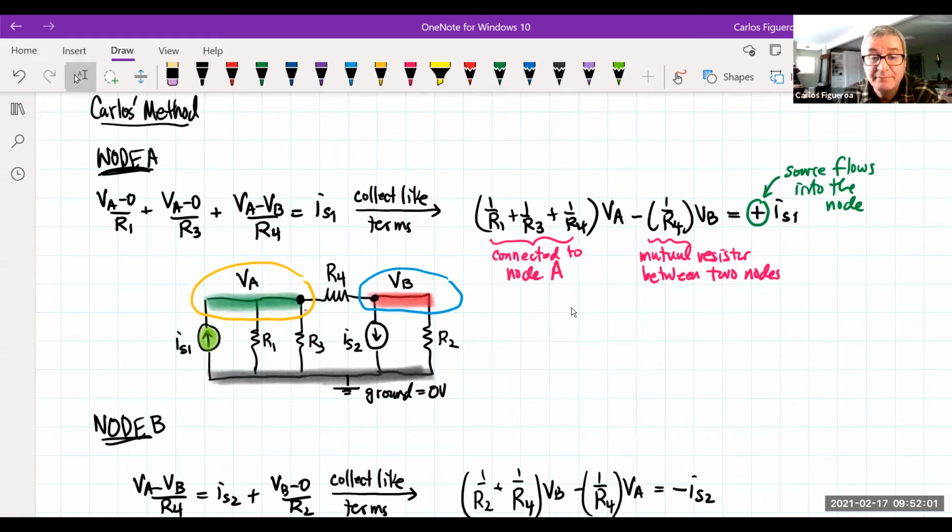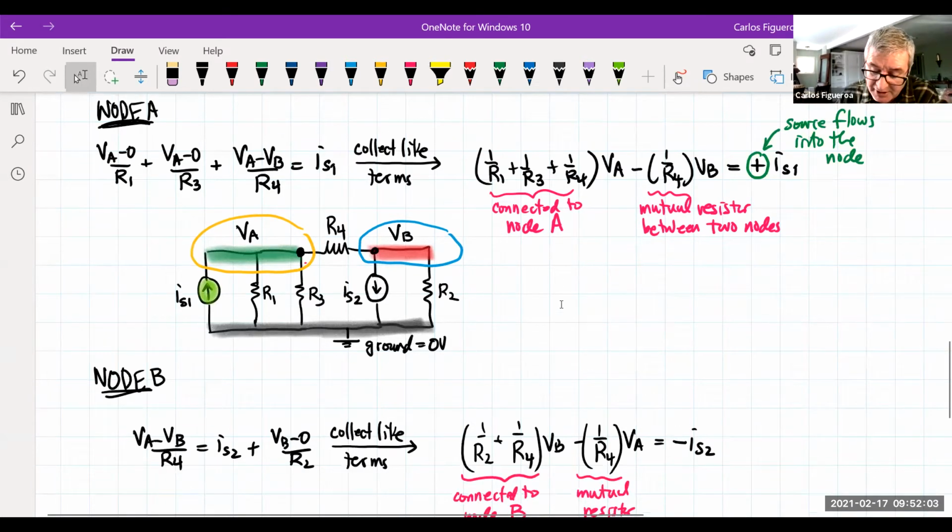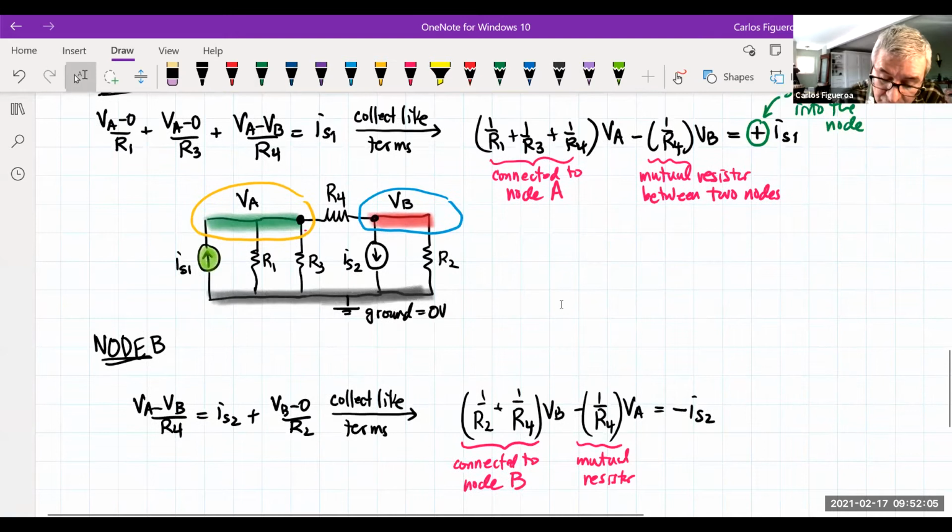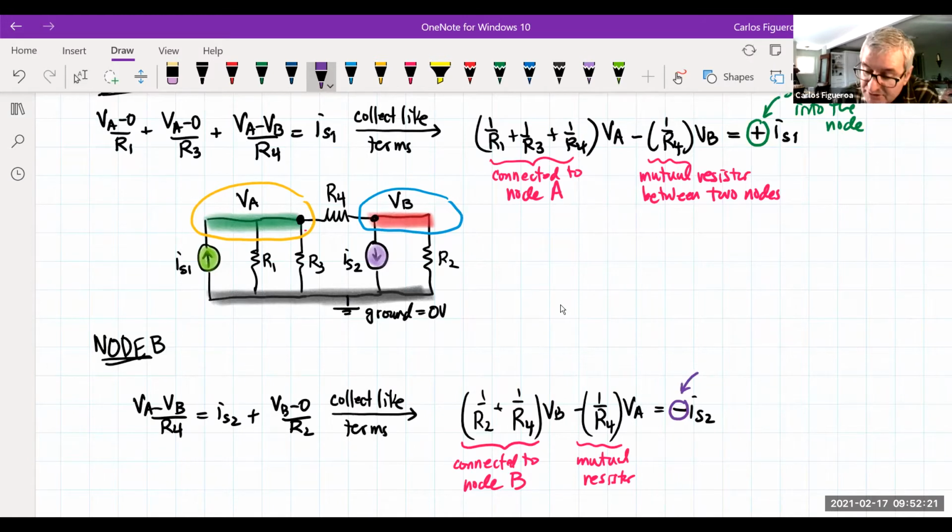Check it out over here. Now look at the source. If you look at I source 2, note that the current source is not going into node B, it's going out of the node. So if it's going out, there's a negative sign. This tells us that the source flows out of the node.